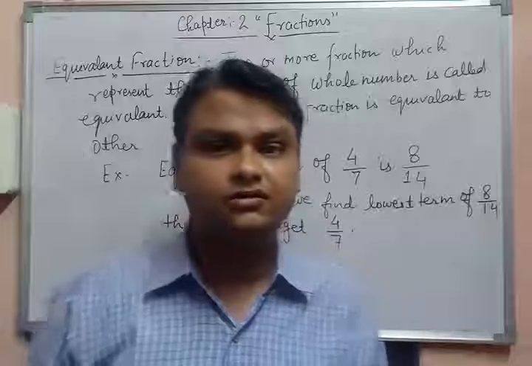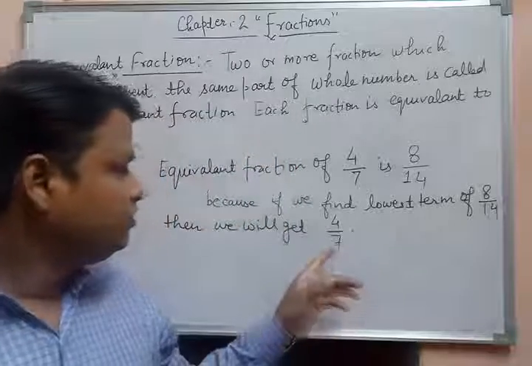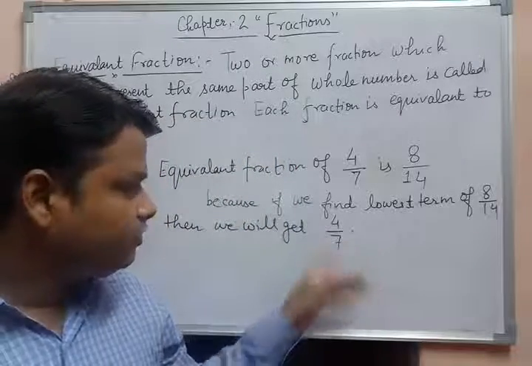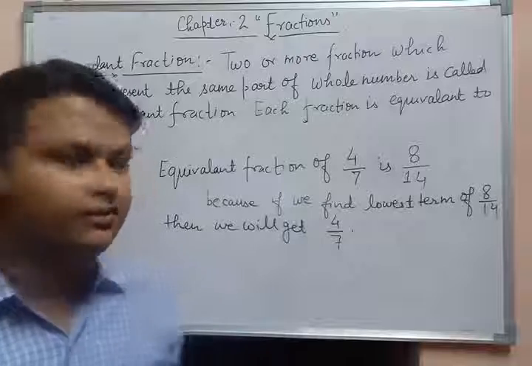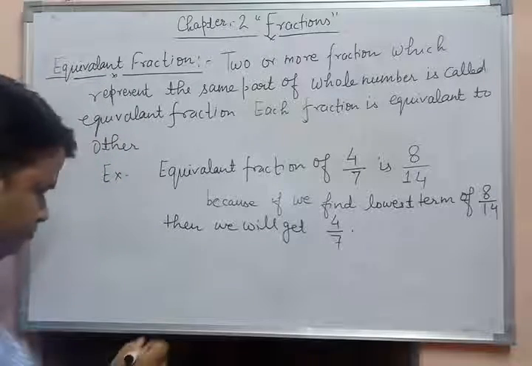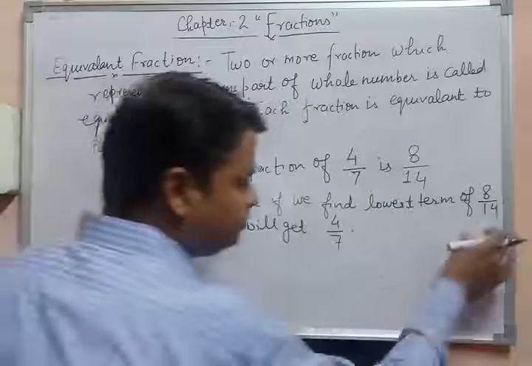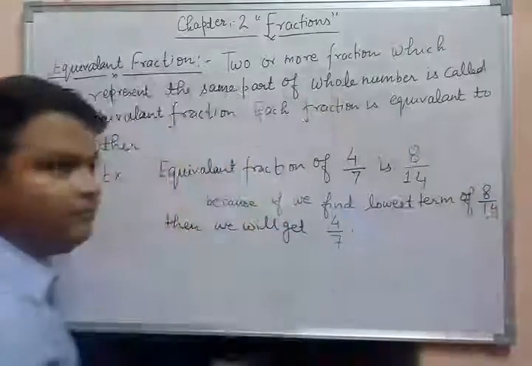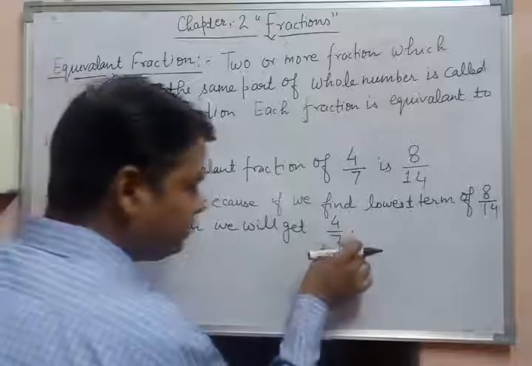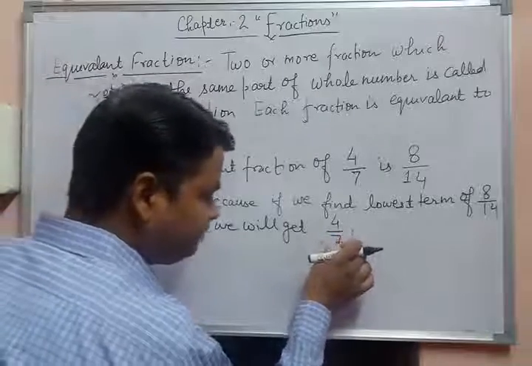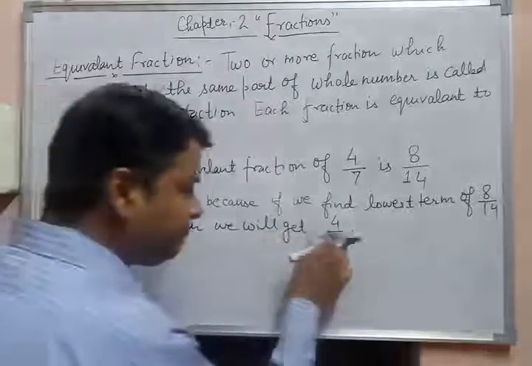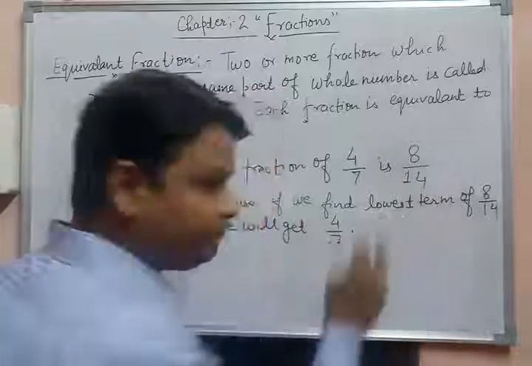So students, for example, 4 upon 7 is the lowest term of the fraction. If we find the lowest term of 8 upon 14, then we will get the fraction 4 upon 7. So why is 4 upon 7 the lowest term of 8 upon 14?